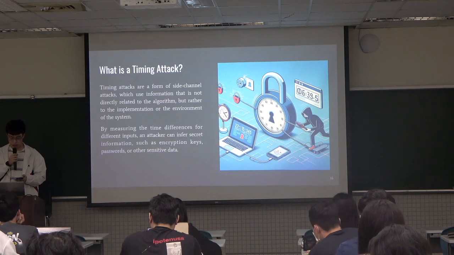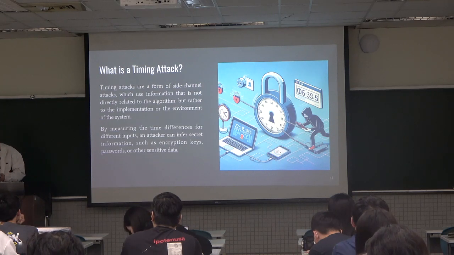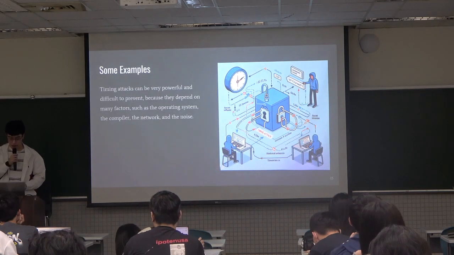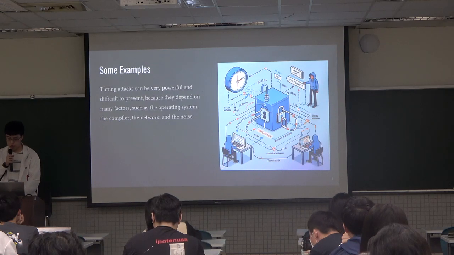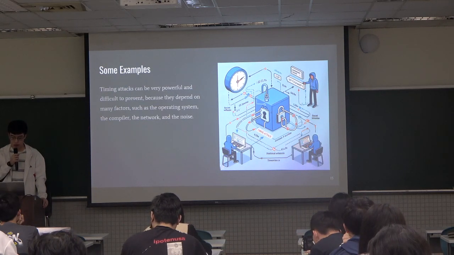By measuring the time difference for different inputs, an attacker can infer a lot of information that you may not want them to have. And timing attacks can be very powerful and difficult to prevent because they depend on many factors such as the operating system, the compiler, the network, and the noise.